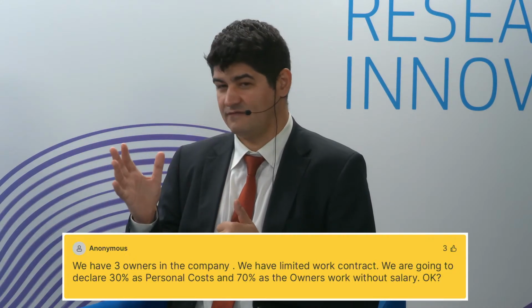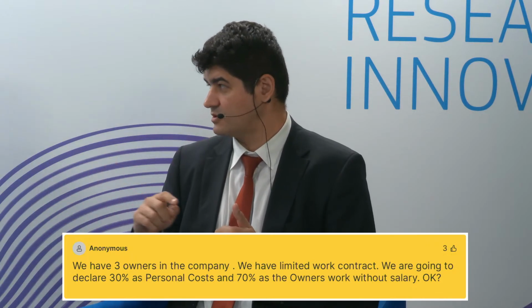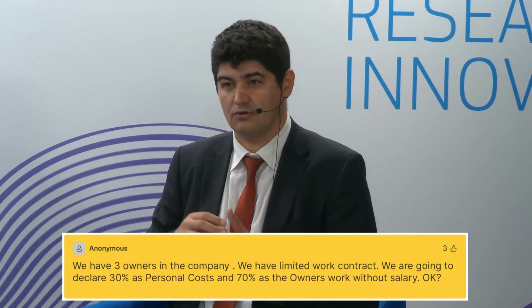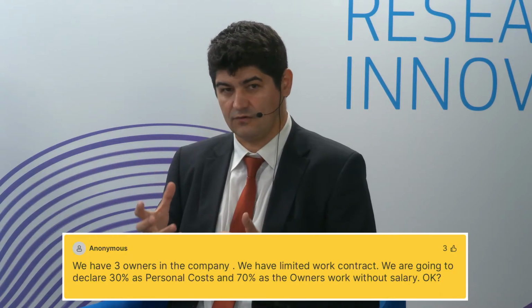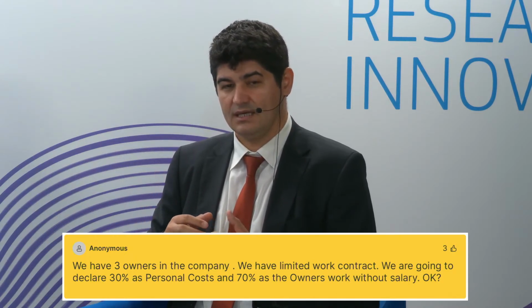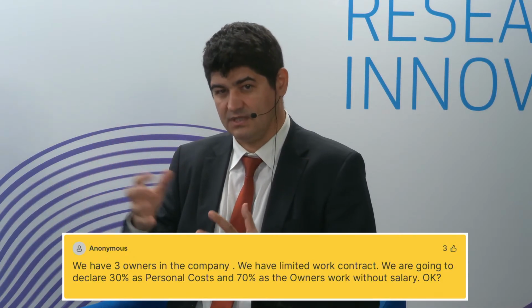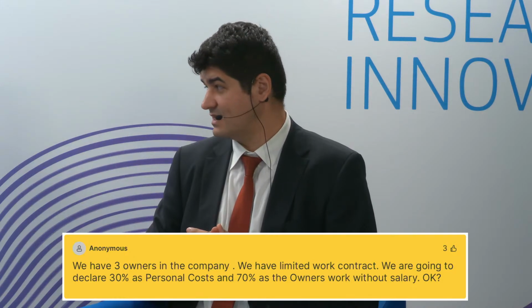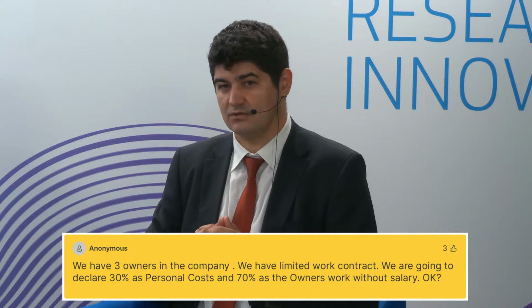If the owners have a work contract for part of their time, which could be possible under, for example, French law, then you will have to calculate an hourly rate for this time. But if they declare hours from the other 70%, then you will need to use the Marie Skłodowska-Curie hourly rates, which are foreseen in the grant agreement.